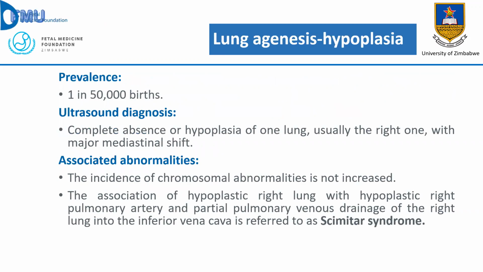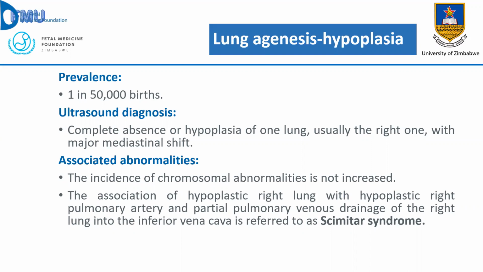I think I'll end with lung hypoplasia so that I can continue next week, and I can also attach some pictures to show you. So lung agenesis or hypoplasia is as common as 1 in 50,000. Complete absence or hypoplasia of one lung, usually the right one, with major mediastinal shift.